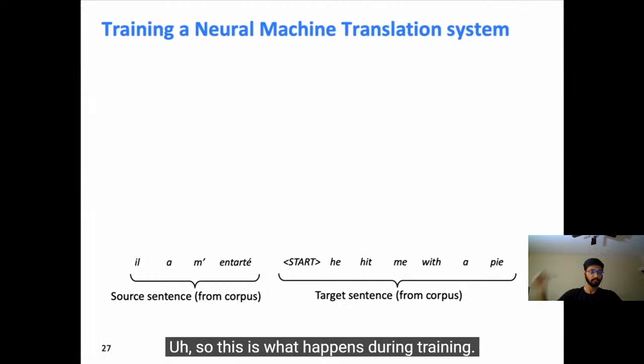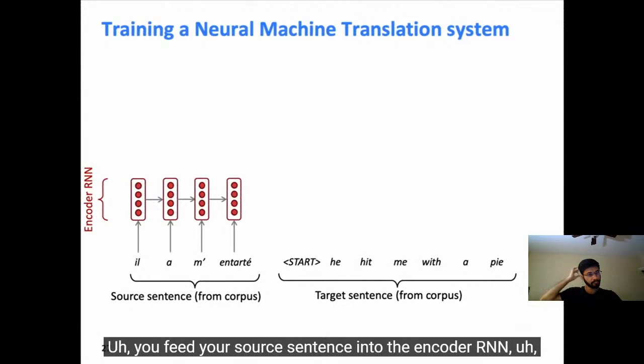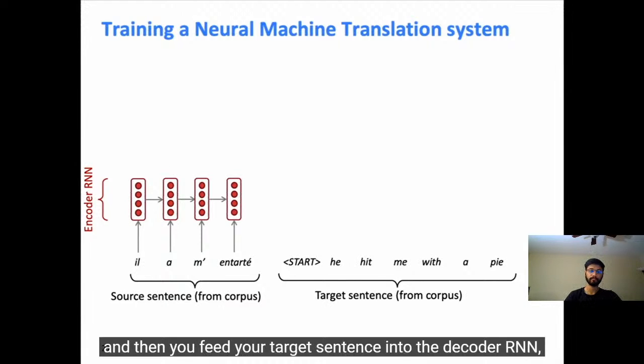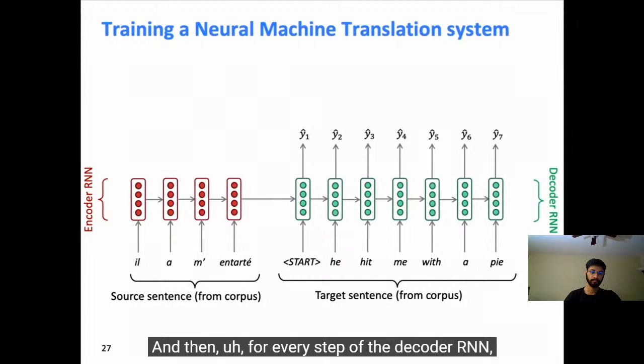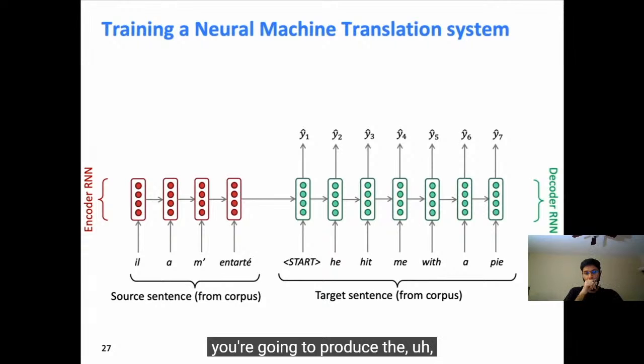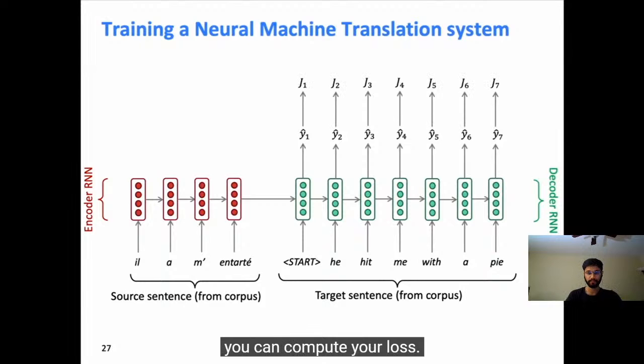So this is what happens during training. You feed your source sentence into the encoder RNN, and then you feed your target sentence into the decoder RNN, and you pass over that final hidden state to be the initial hidden state of the decoder. Then for every step of the decoder RNN, you produce the probability distribution of what comes next, which is the y-hats. From those, you can compute your loss.